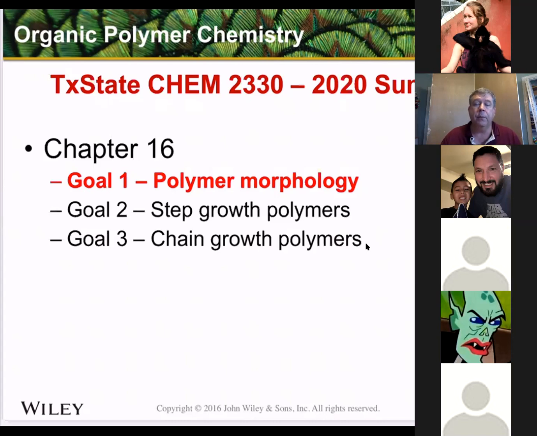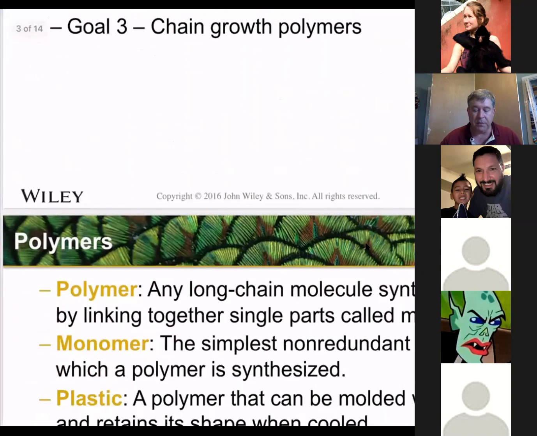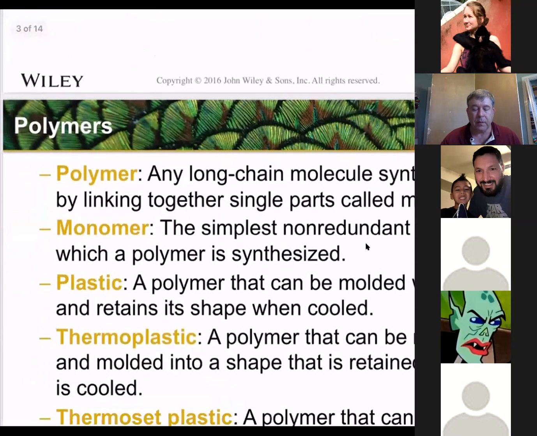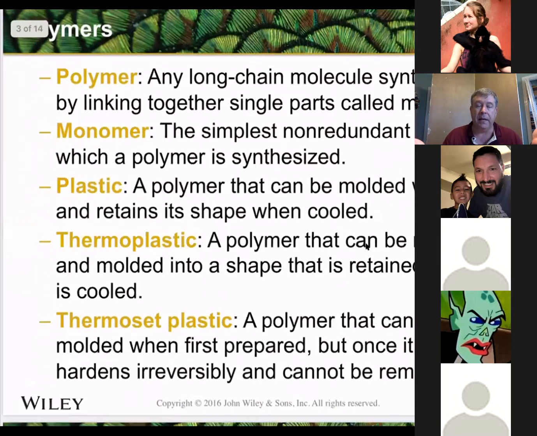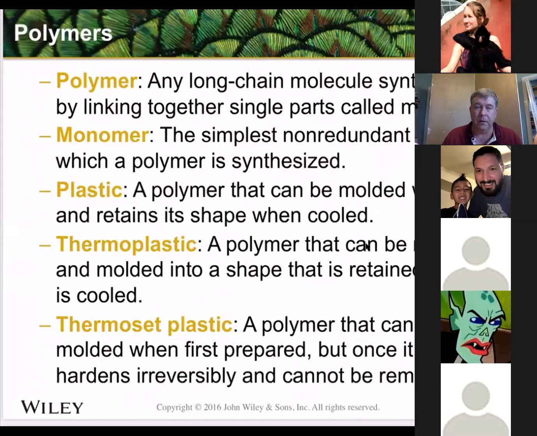So the first thing we need to think about when we think about polymers is basically some definition. So poly just means many, mono means one, okay? So a polymer is many molecules hooked together, and you make them out of monomers. So you make one unit, you add another unit to it, and now it's a dimer, and then you add a third one, and then it's a trimer.